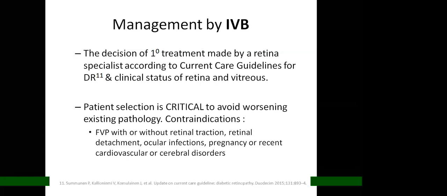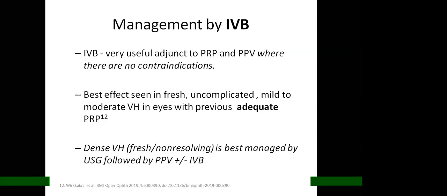If the patient has any fibrovascular proliferation, the chance that that proliferation will contract and pull off the retina and the patient ends up on somebody's table with closed funnel RD is very, very significant. So that's the greatest risk that you want to avoid. Other contraindications include, besides fibrovascular proliferation, retinal detachments, any ocular infections, pregnancy, or recent cardiovascular or cerebral disorders.